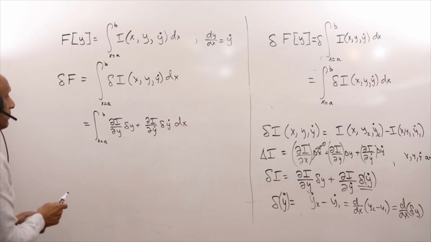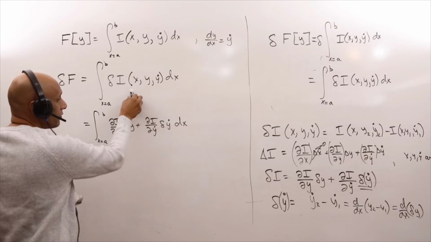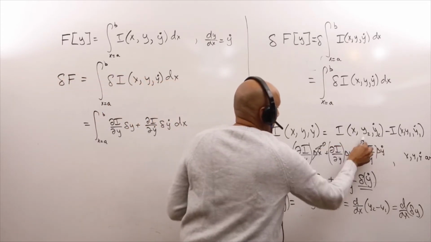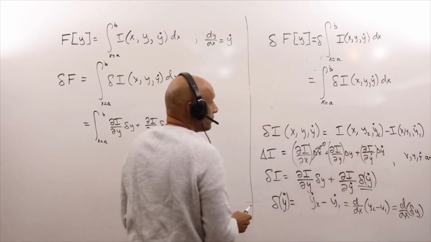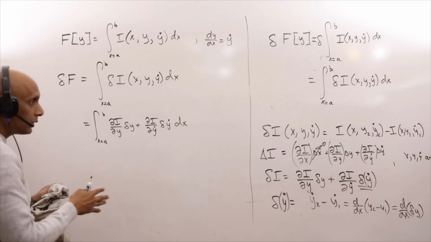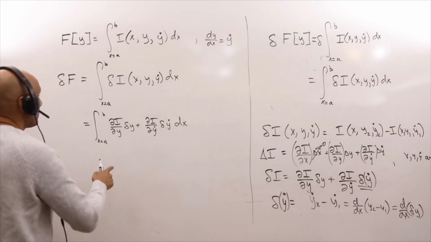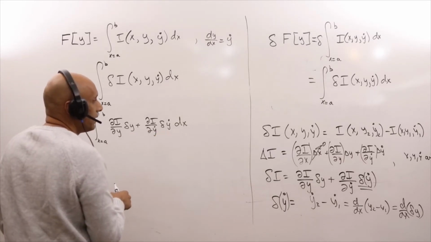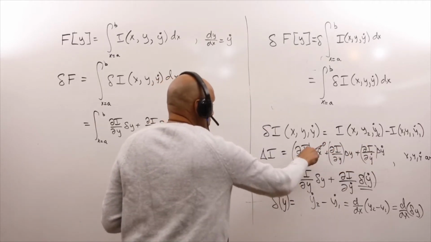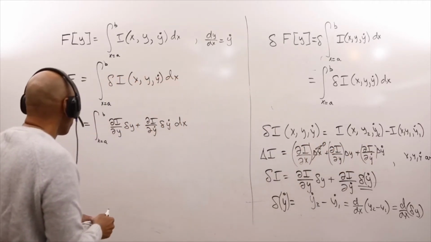Notice the steps, so be careful. There's no x variation. The reason for it is, if you look carefully, there is no change in the x values between the two functions. So when you take the difference between two curves, for any x value, we're not looking at the x changes, we're only looking at the y's and y prime. There is no change, so this whole term in the chain rule drops to 0.